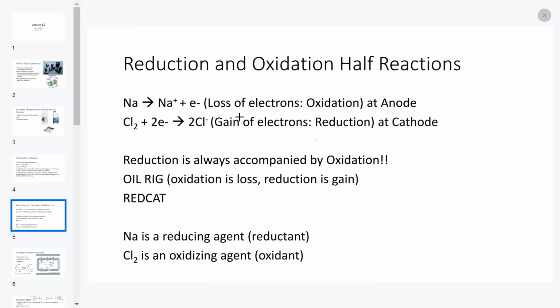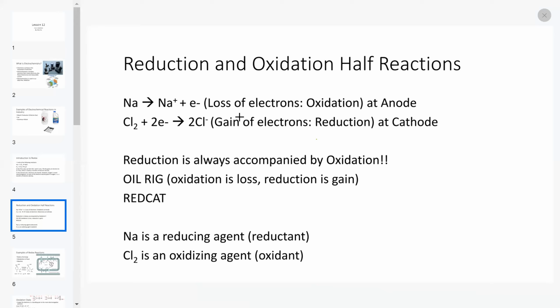And what's important to remember is that reduction is always accompanied by oxidation. There is no chemical reaction that will actually produce free electrons, because electrons are very, very reactive, right? Free electrons don't really exist outside of very strange circumstances.